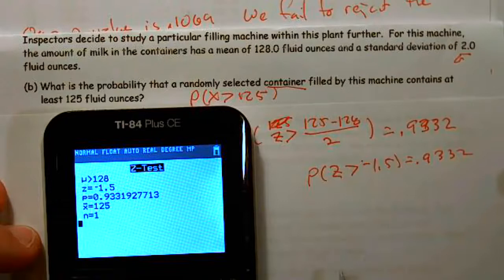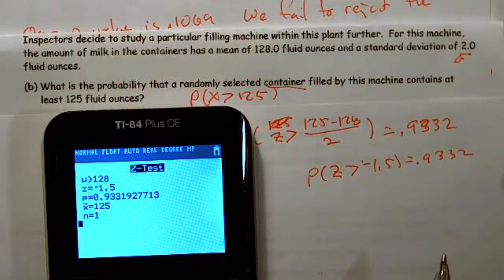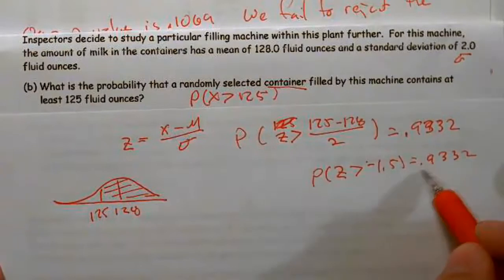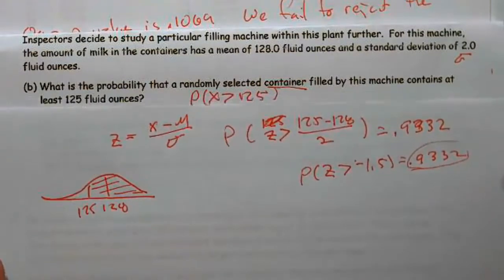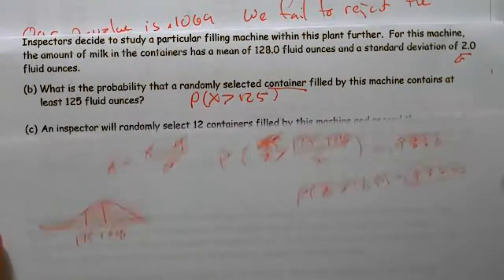The benefit of going this way is it gives you the z value as well. All right. So in this case, there's about a 93% chance that we'd get a bottle greater than 125.